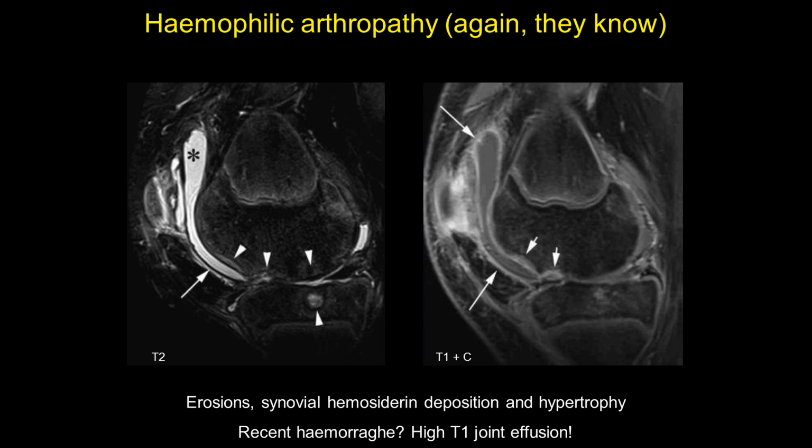On the other hand, the question may be if there is a recent hemorrhage or not. And if you're scanning only with PD and T2 fat sat like we normally do, then you may miss acute hemorrhage. So when they ask for recent hemorrhage, you could add a classic T1 weighted image to your protocol, because there you will see your acute hemorrhage as high T1 signal.